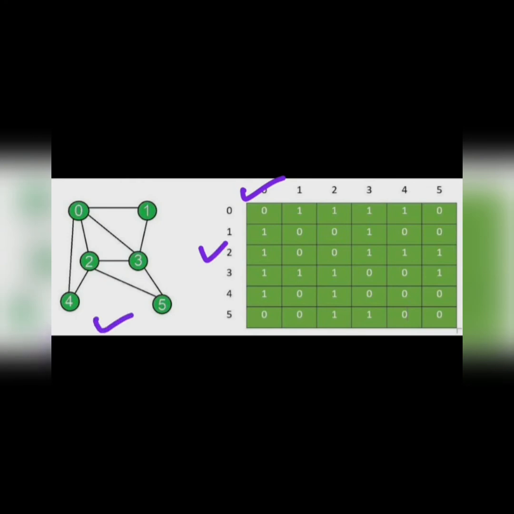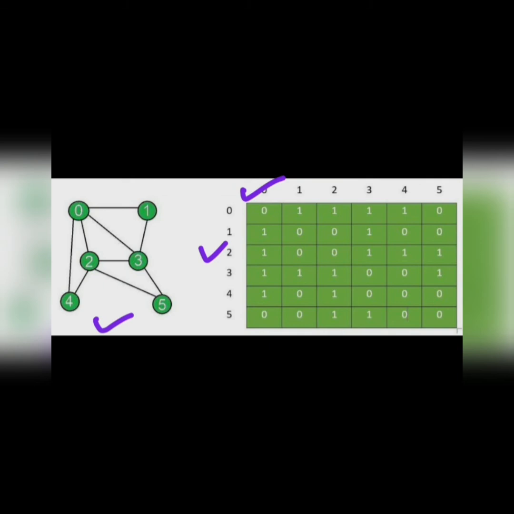So what will be the value inside this table? That we are going to find out. Look at this graph now. The vertex 0 is adjacent to 4, 2, 3 and 1.